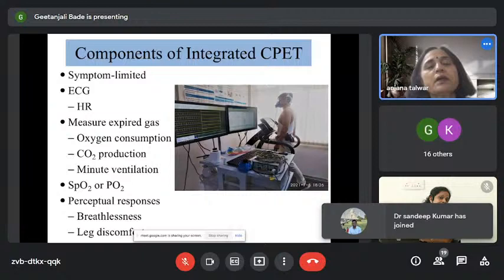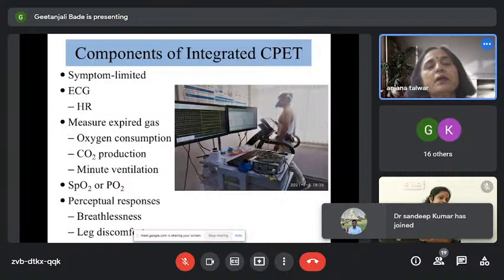Next, please. In addition, we have some relative contraindications, like left main or three vessel coronary artery disease, and arterial hypertension with a BP more than 200 by 120.